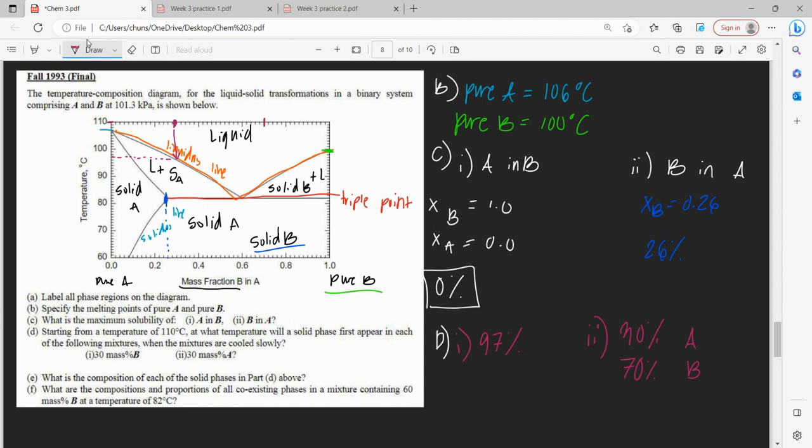And then we read down in a straight line to cool it until we hit our liquidus line again, which borders our solid B and liquid composition. And if we read across, this is about, let's see, let's say that's about 86 degrees.